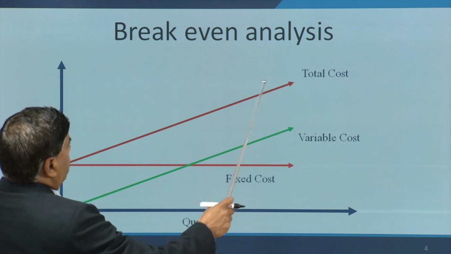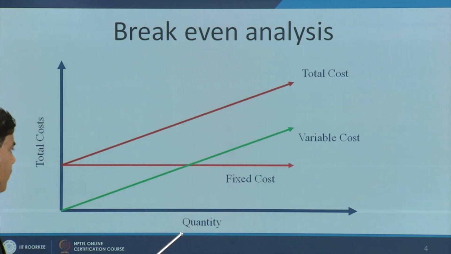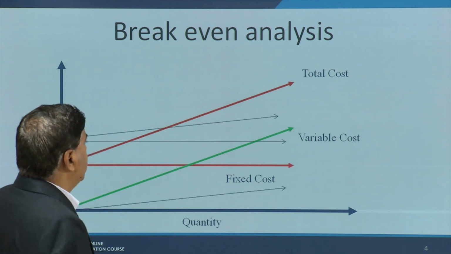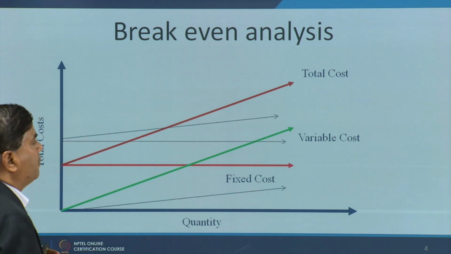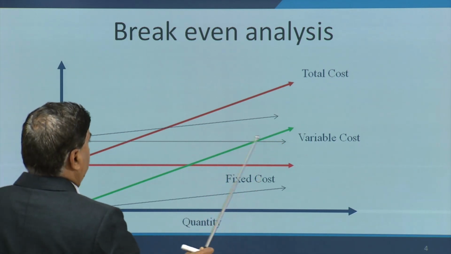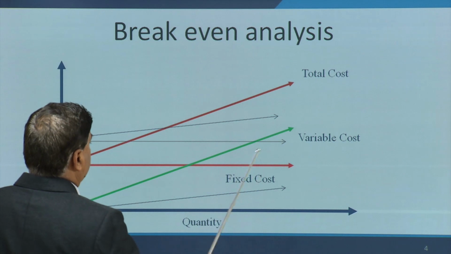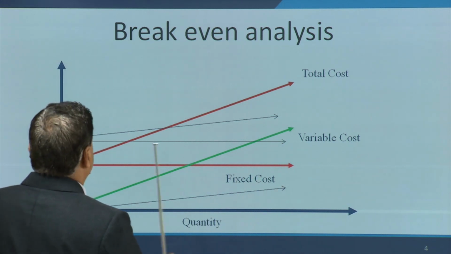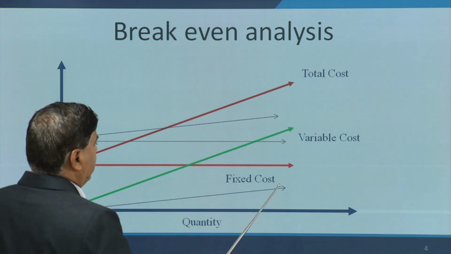So, the total cost shows the total cost related to the manufacturing of a product in the given quantity. If there is another option, this is the fixed cost for the other option and this is the variable cost for the other option. Fixed cost is high, but the variable cost is low.